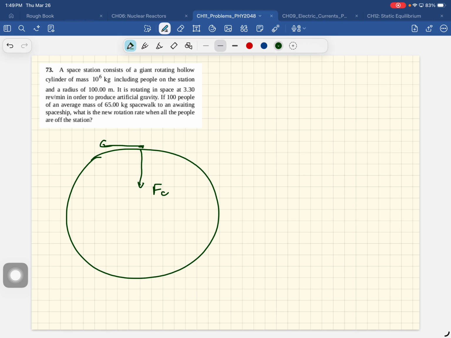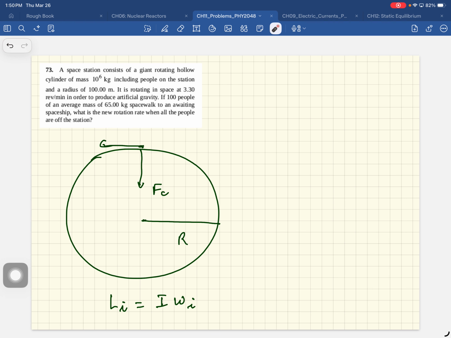So you see, that is reduced by 0.65%. The mass of the thing is reduced by that much, and so the moment of inertia is reduced by that much. So what we have is, when they go away, angular momentum is conserved.